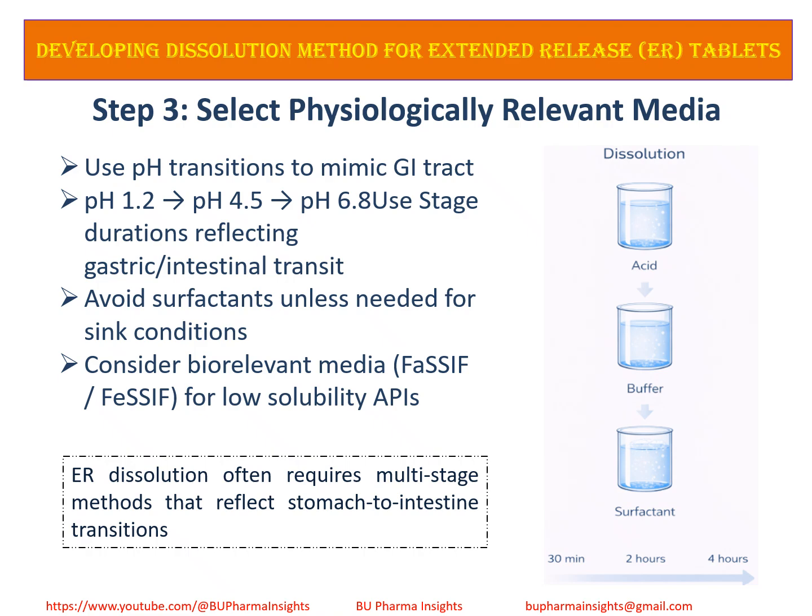Osmotic tablets are largely pH independent but still need a physiologically relevant setting. That's why we use pH transition to mimic GI conditions, such as pH 1.2, pH 4.5, and pH 6.8, with stage duration aligned to gastric and intestinal transit times.